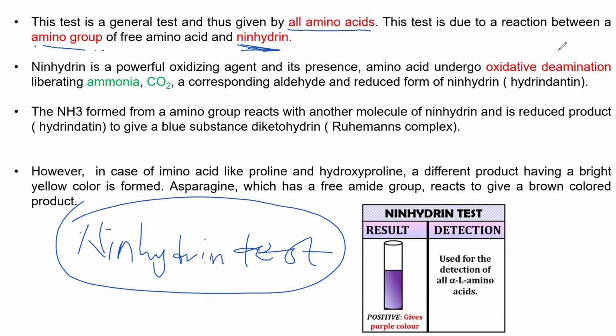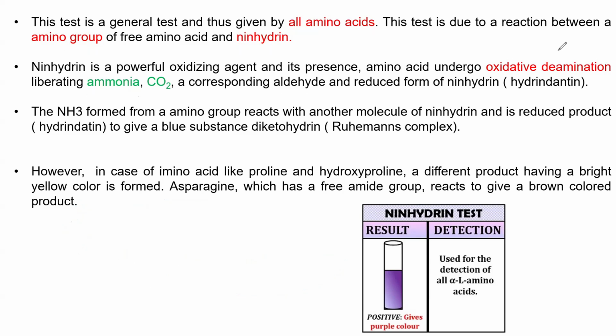This oxidative deamination by ninhydrin leads to the release of ammonia, carbon dioxide, and the corresponding aldehyde. So it means that when ninhydrin reacts with amino acids, it liberates ammonia, carbon dioxide, and aldehyde.